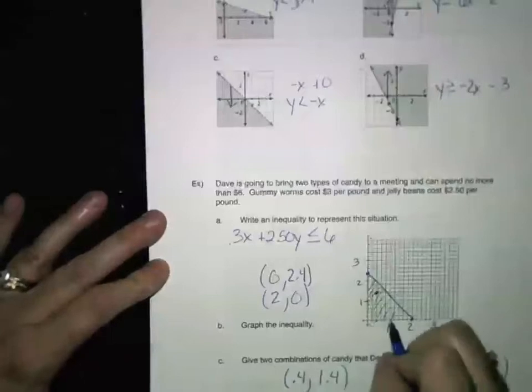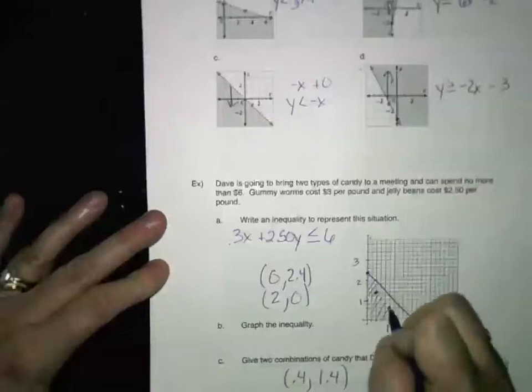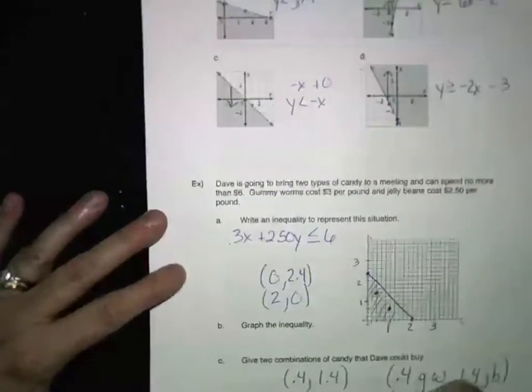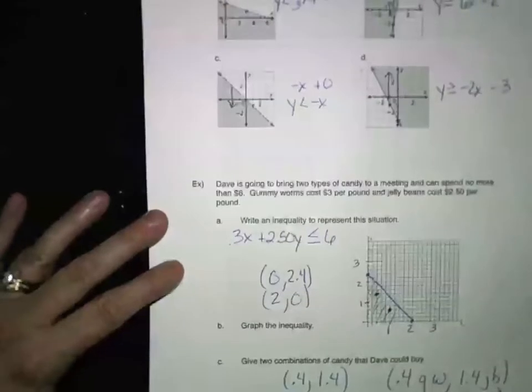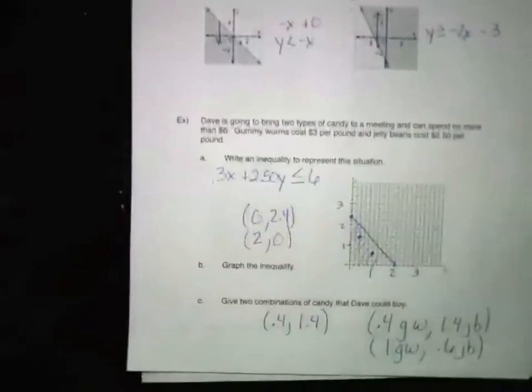And let's do 1.8, that's also here. I think that's 0.6 actually. He can buy 1 pound of gummy worms and 0.6 pounds of jelly beans. And there it is, just in case you didn't see it.